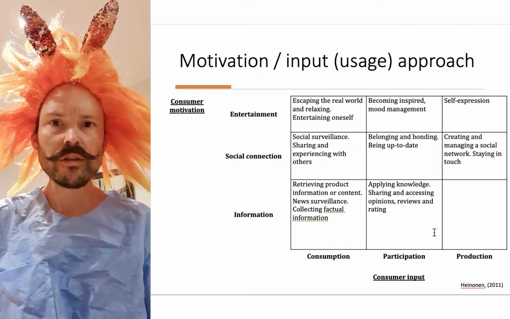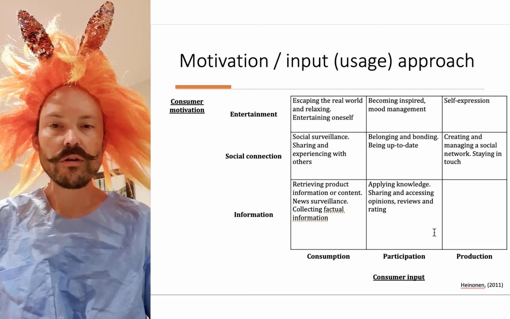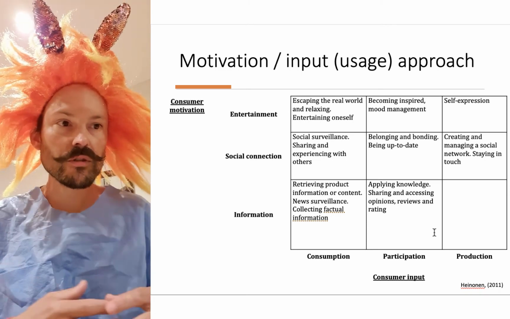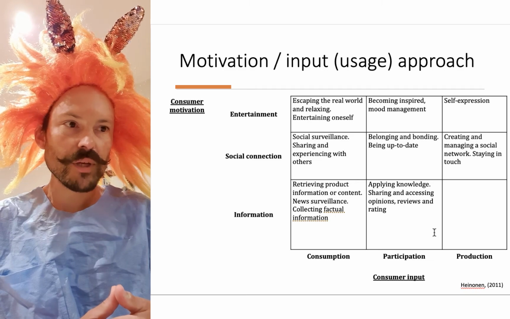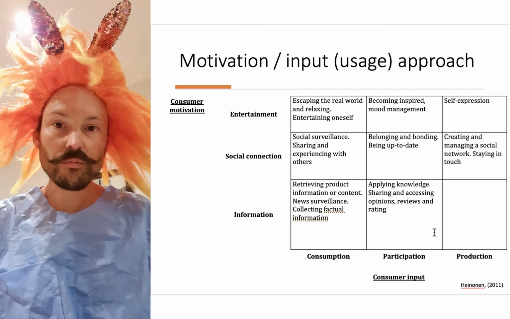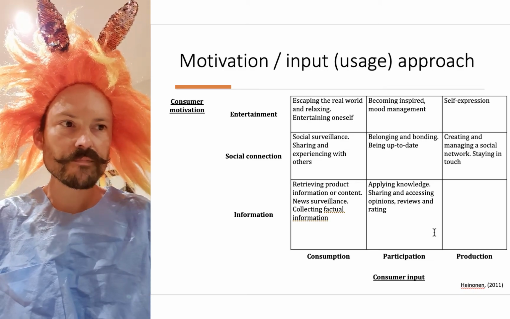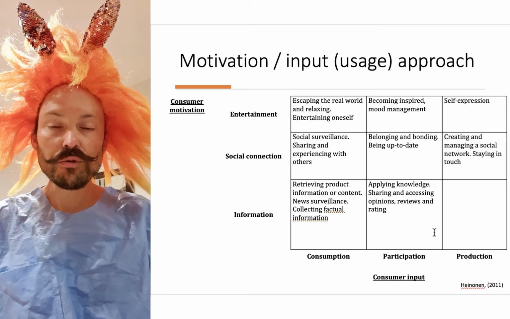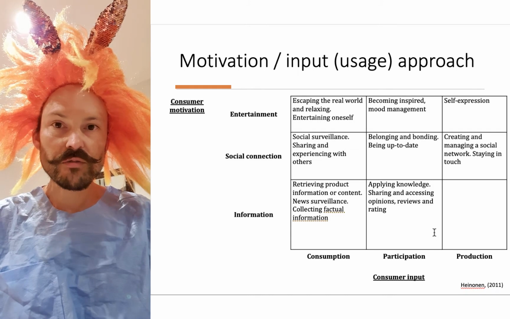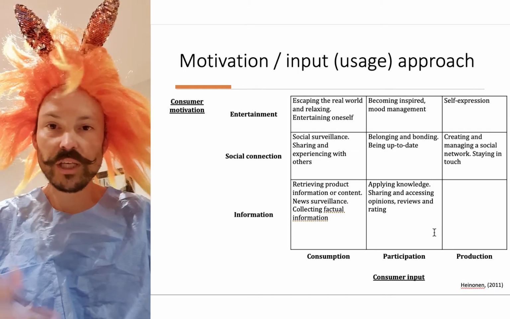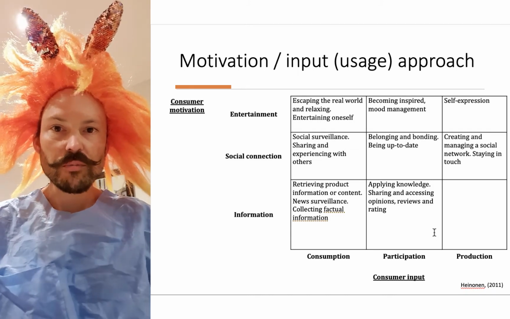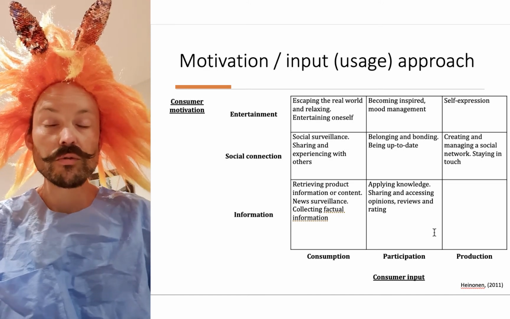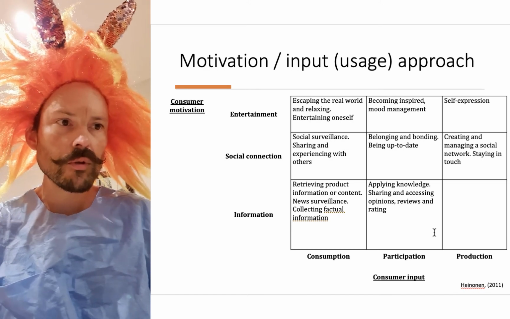So for consumers that are interested in consumption and are looking for information, that will then, in a marketing sense, be retrieving product information or content, news or surveillance of information that they're interested in, or collecting various types of factual information while you do research for a future purchase, for example.